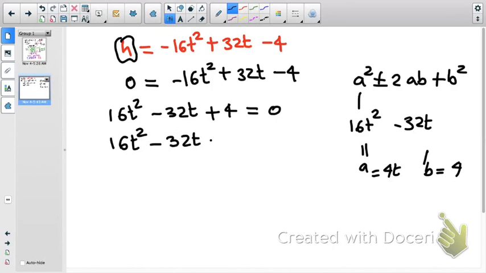So b squared should be 16. Since I'm adding 16 to complete this square, I have to subtract 16. But now I'm putting back the 4 that was here. Okay. Is equal to 0.